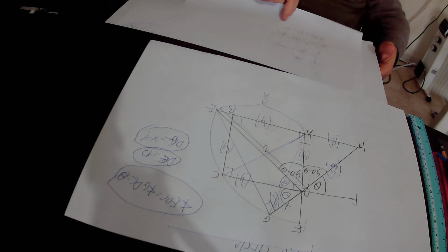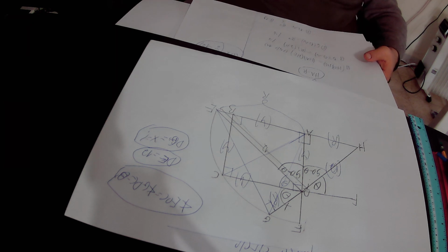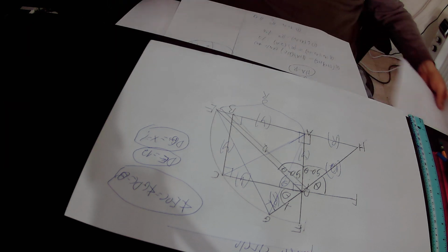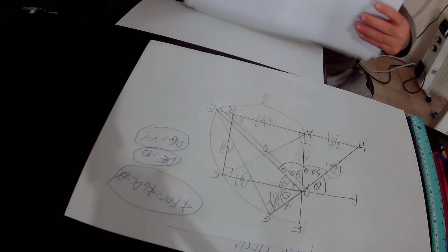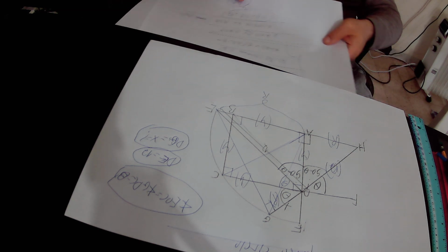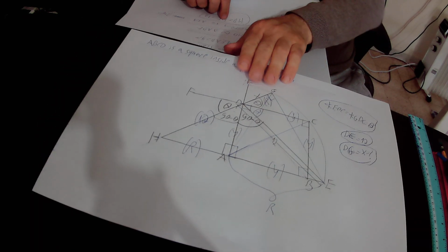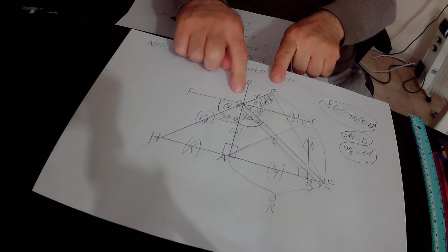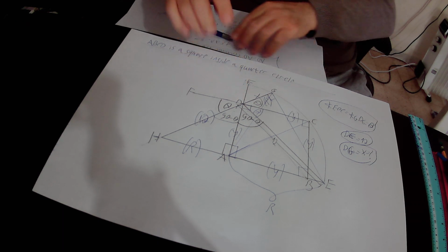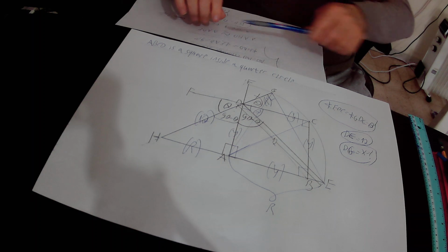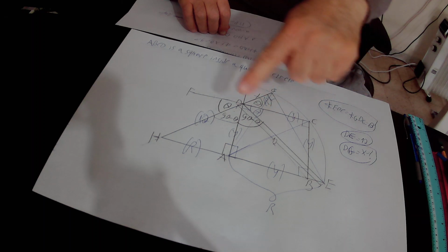So in the next step, I'll summarize the lecture. In this lecture, I found out the length of this line segment DG is equal to X. So in the drawing you have a quarter circle, FEA is a quarter circle.